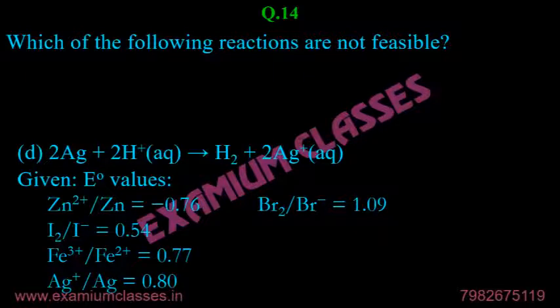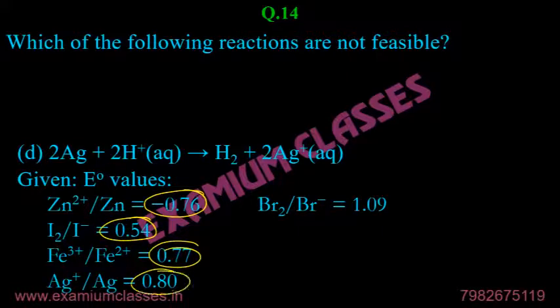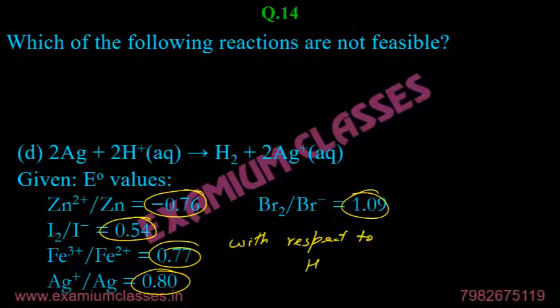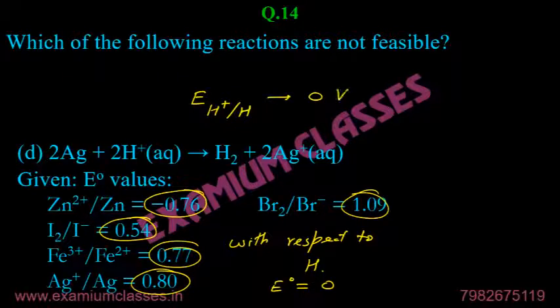Now, all these electrode potentials, whatever we say, are with respect to hydrogen. Hydrogen's electrode potential is zero, means E of H plus by H2 is zero. All the electrode potentials are in reference to hydrogen.